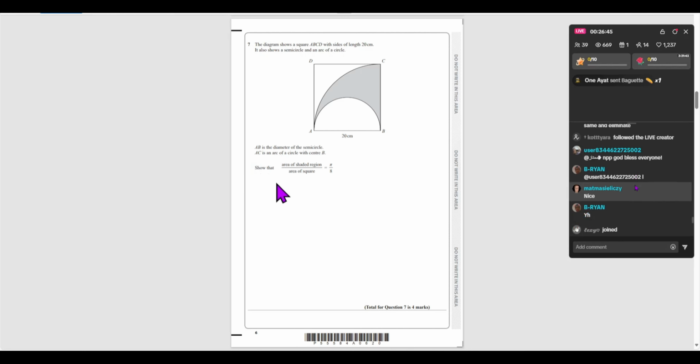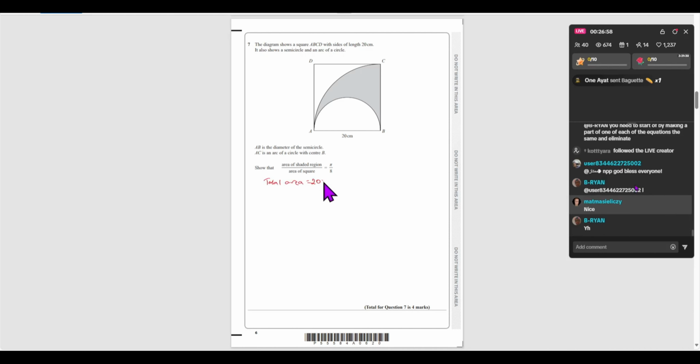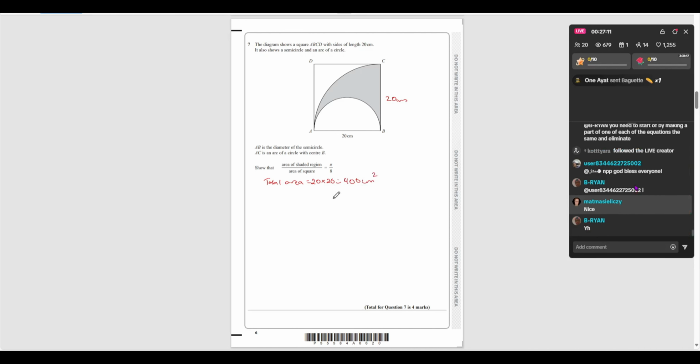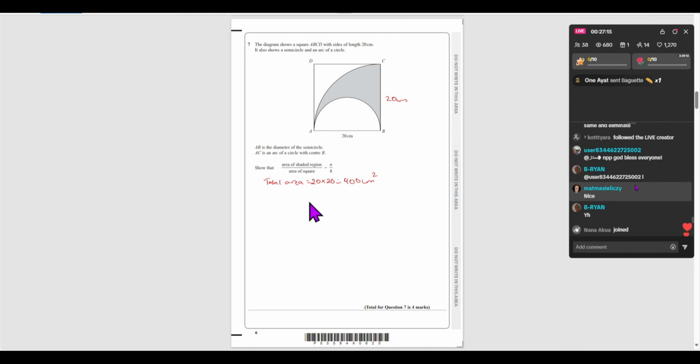So total area of this square will be 20 times 20, because it's going to be 20 as well. It's going to give us 400 centimeters squared.